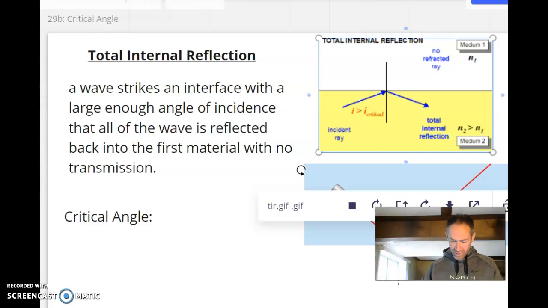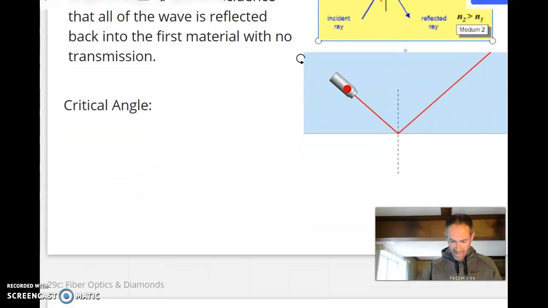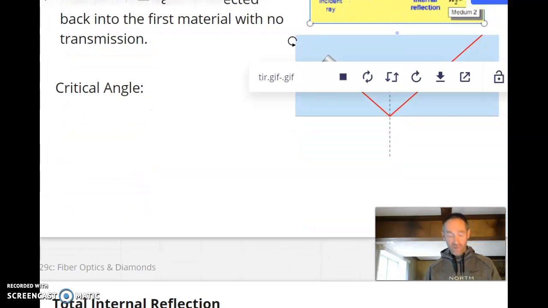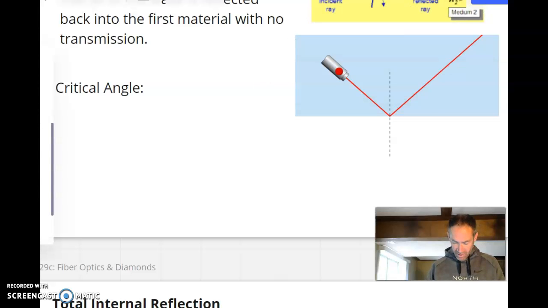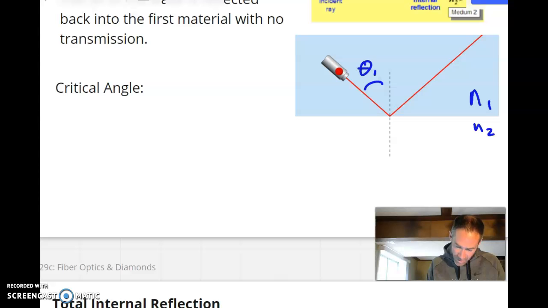So it should be pretty easy for us to calculate then a formula for the critical angle. And so take a look at this. Here's a screenshot that I did from that other simulator. And so here is our first material. Let's say that that's N1 and it's big, and then N2 and that's small. Here's our angle of incidence, theta 1.